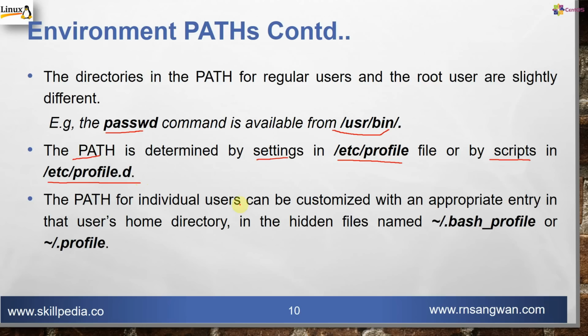The path for an individual user can be customized with the appropriate entry in the user's home directory in the hidden files named .bash_profile or .profile. They also make sense, as they are for specific users. So if you want to specify a search path as a normal, unprivileged user, you can specify your own path in .bash_profile.